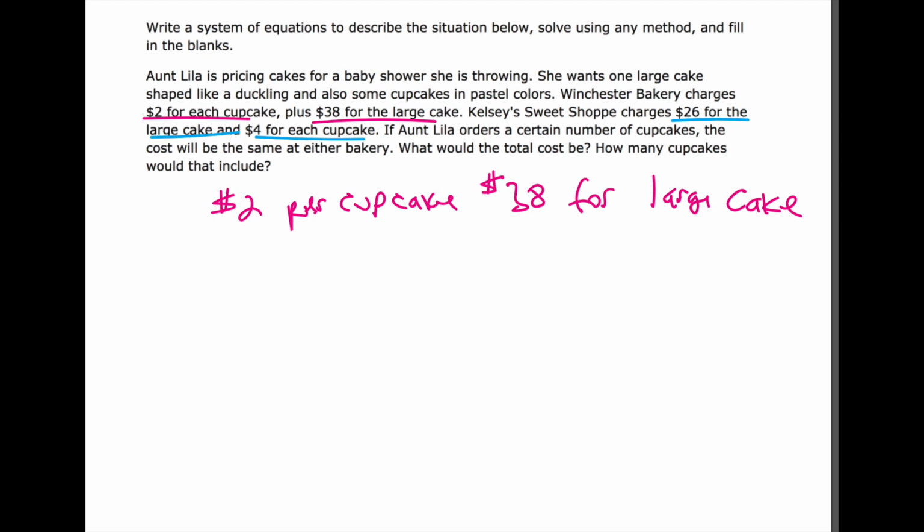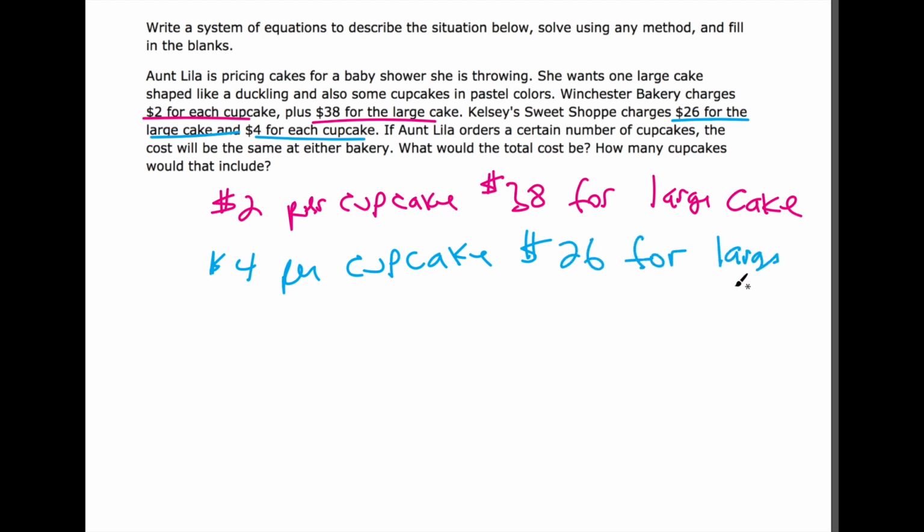The other scenario is $4 for each cupcake, so $4 per cupcake, and $26 for the large cake. And I don't know what I'm trying to spell.